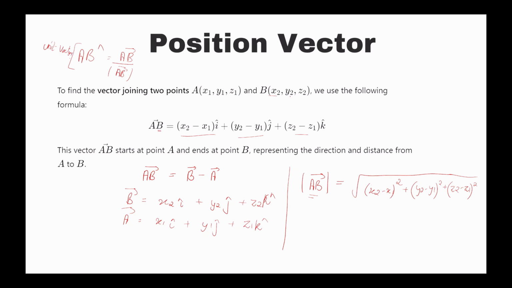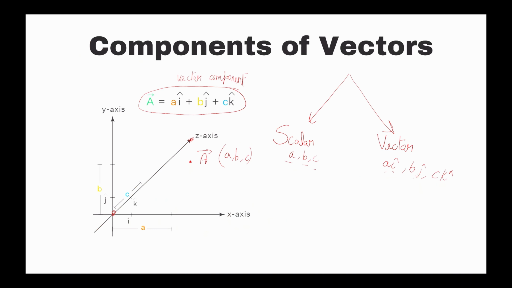So if I need to find out my AB cap, I can write it down as AB vector upon AB vector magnitude. Now talking about components of vectors, generally there are two different types of components, one being the scalar component and the other one being the vector component. In scalar component, we generally represent only the constants, or basically the distance from the respective coordinate axis.